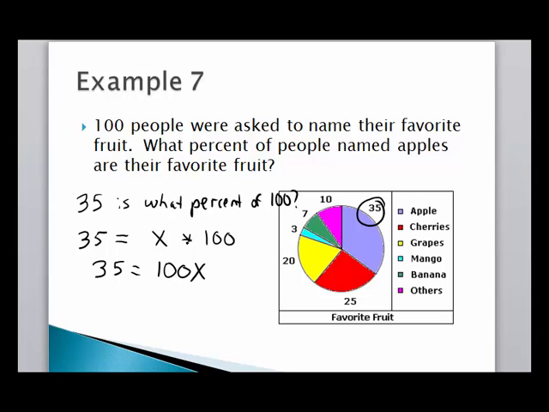And we do so by dividing both sides of the equation by 100. And so if you need your calculator here, we're going to end up getting 0.35 when we divide 35 by 100. And remember, the question is asking for a percentage, so we want to give our final answer as a percent. So moving that decimal place 2 places to the right would give me 35%.